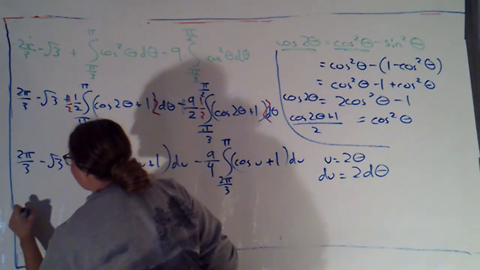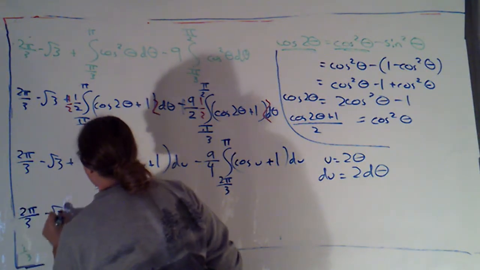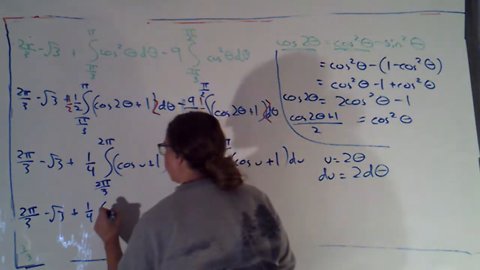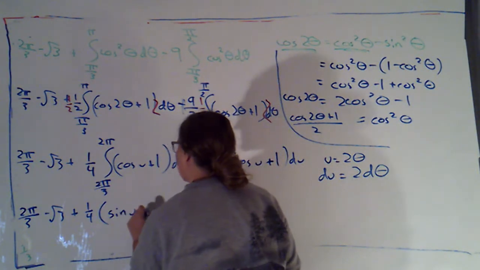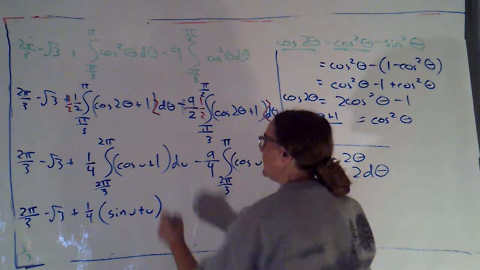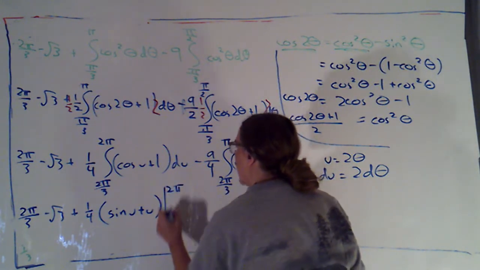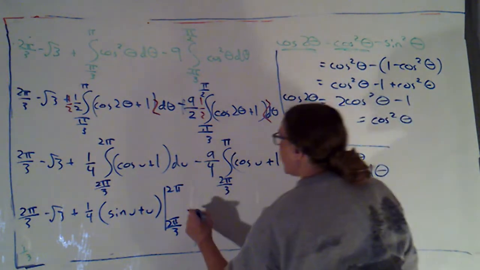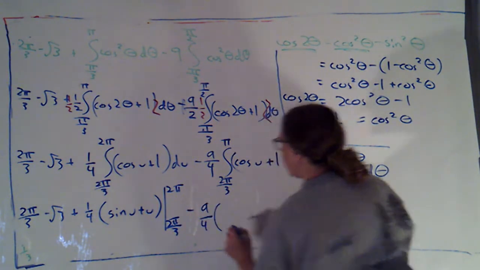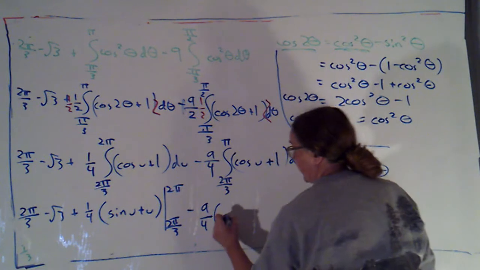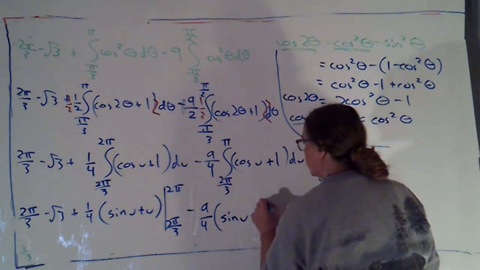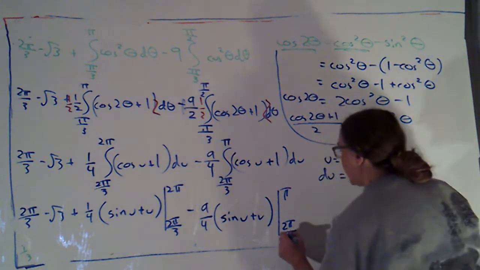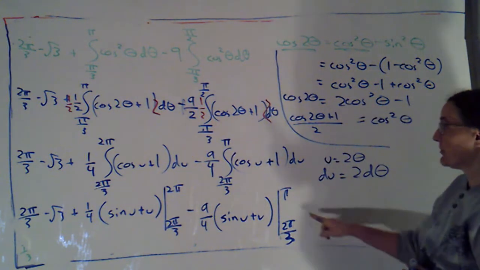So we have 2 pi over 3 minus root 3 plus 1/4 of an antiderivative of cosine, which is just going to be sine u plus u, evaluated between 2 pi and 2 pi over 3, minus 9/4 of the same antiderivative, sine u plus u, evaluated between pi and 2 pi over 3.